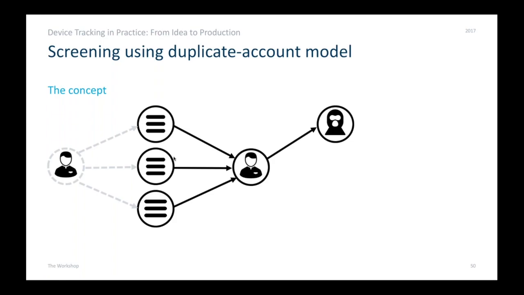Now what we could do is extend that and use the data that's already there in the database, especially the duplicate account data. So in that particular scenario, we've got this new customer that is connected to an existing customer that is connected as a duplicate to this third customer that has already been flagged as fraudulent. In that case, our system is able to automatically allow or deny the transaction based on the configuration of the system.